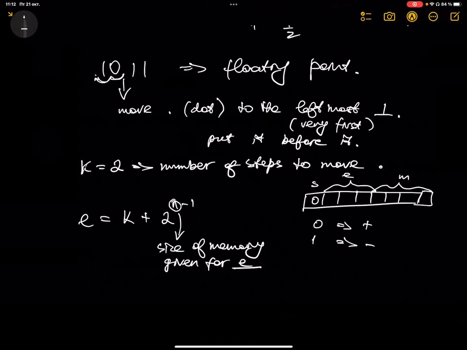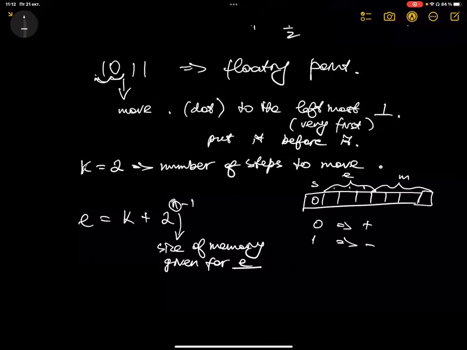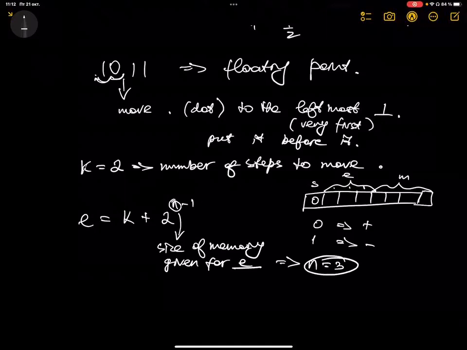So how much memory is given for exponent right now? 1, 2, 3. So in this case n is 3 because only 3 bits are given for exponent. So k is 2. So now exponent equals 2 plus 2 to the power 3 minus 1, 2 plus 2 to the power 2, and it's going to be 6, right?